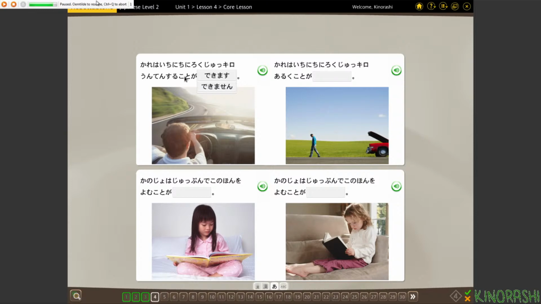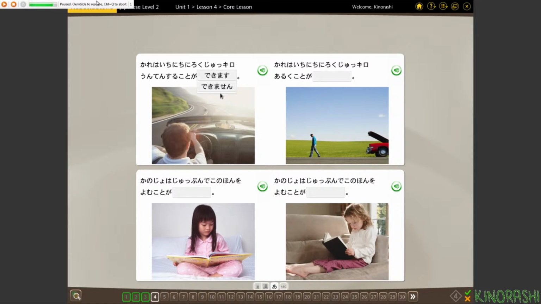The ni marks the person or thing that receives the object. Kanojo wa kare ni pen o agemashita. She gave him the pen.